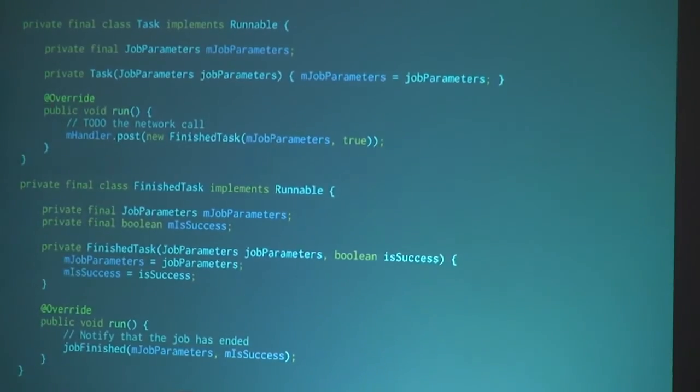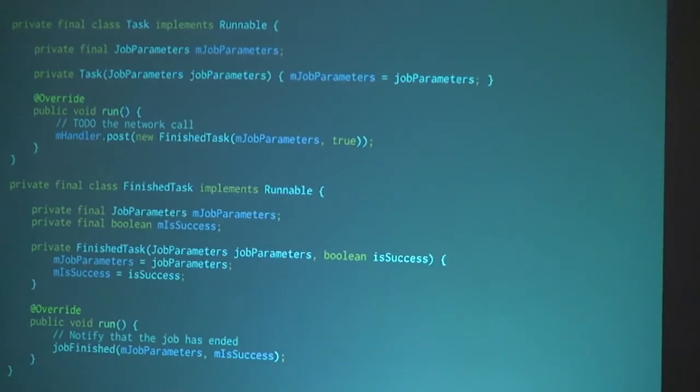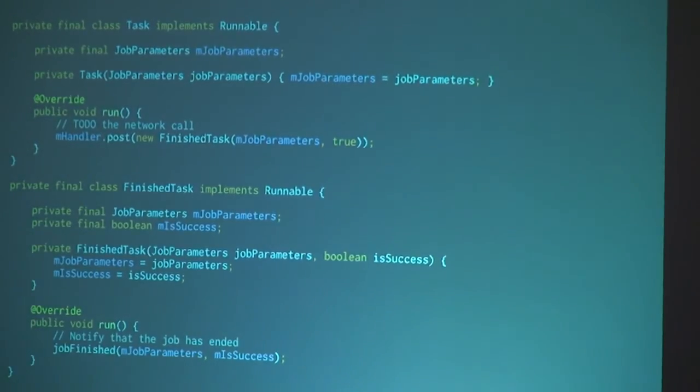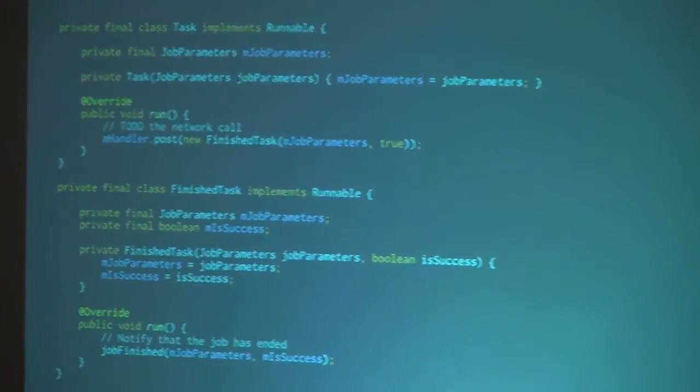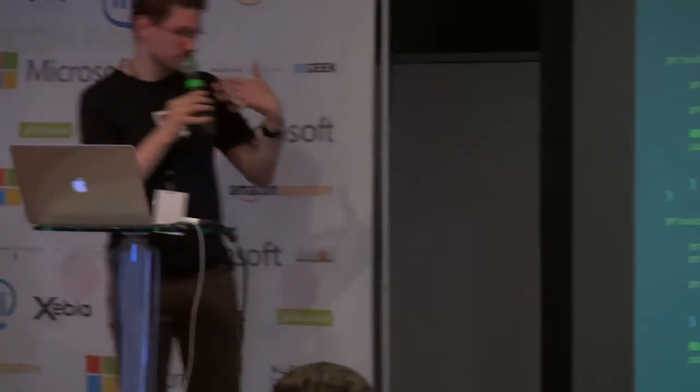So basically, we need to repost it to the main thread. That's what we use a handler and another task for. And when it runs, it calls jobFinished with the job parameters and the info on whether the job was successful or not. It's important because the system can use different techniques to reschedule the job in the future.